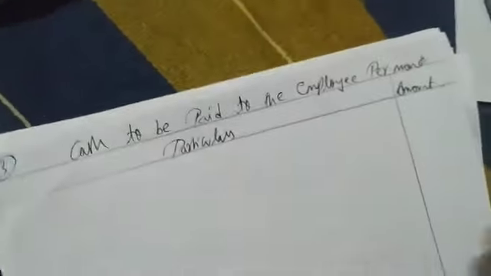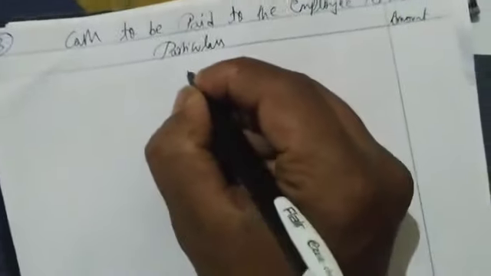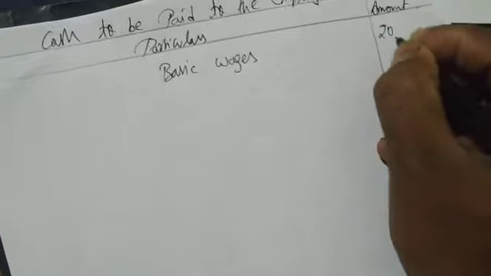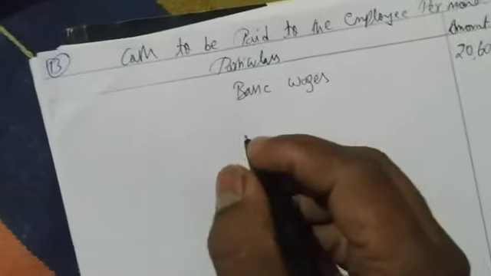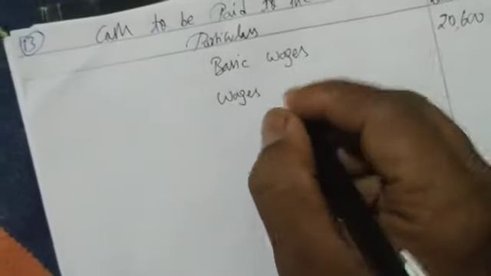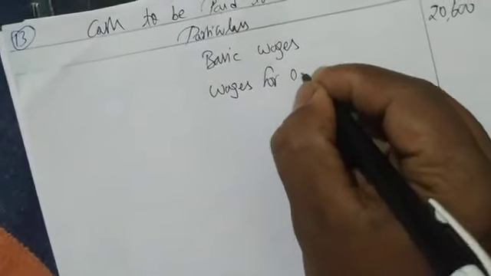Okay, let us first find out gross wages. How to find out gross wages? All that he is receiving from the company. First we are getting basic wages. How much is basic wages? 20,600. Next he is receiving wages for OT, overtime.